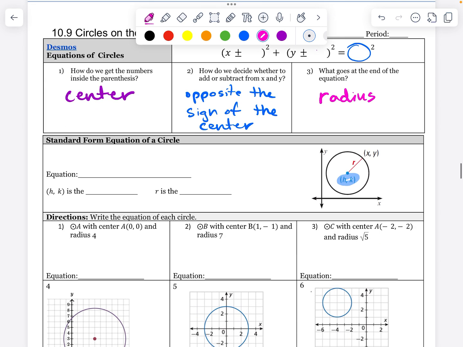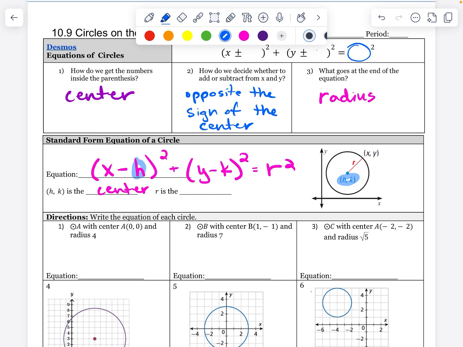Okay. So the equation that we tend to see, like on the ACT, is (x minus h) squared plus (y minus k) squared equals r squared. So (h, k) is the center. I'm going to color code here.